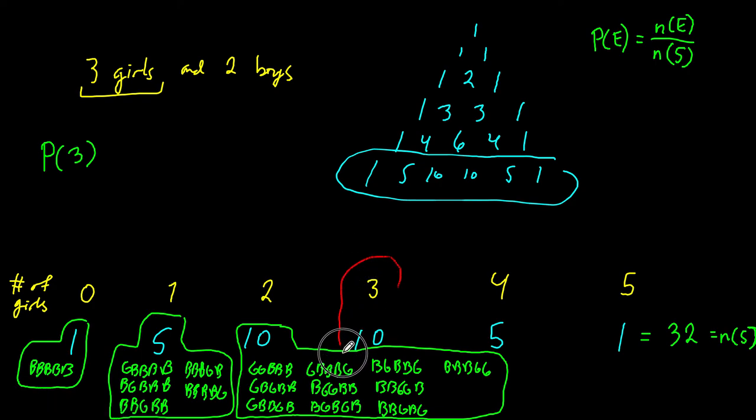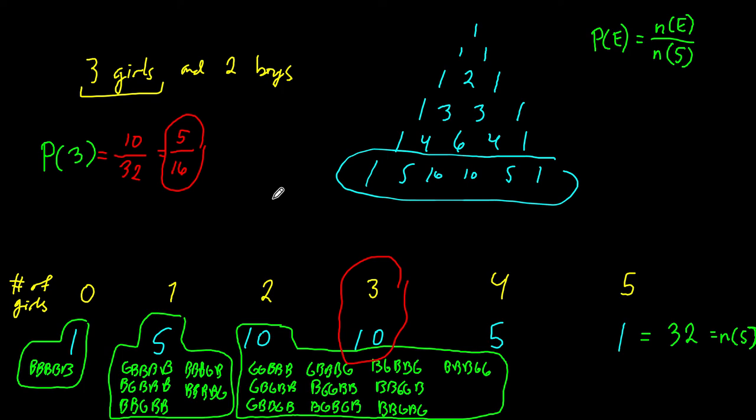There are still 10 ways, but the encircled one is wrong. So there are 10 ways for you to get three girls. So what we want is 10 over 32. This can be simplified as 5 over 16, and I think that's the simplest form. That's our answer for this problem.